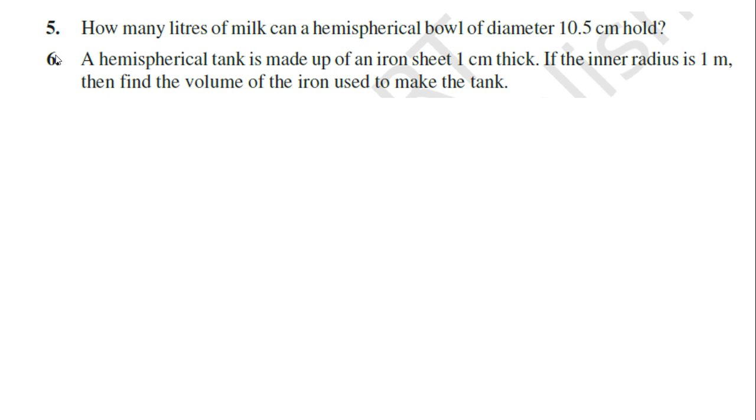Now let me solve the sixth question. A hemispherical tank is there. You can visualize what I want to say, so a figure is not required. The iron sheet is 1 centimeter thick, and the inner radius is 1 meter. Find the volume of the iron used to make the tank.